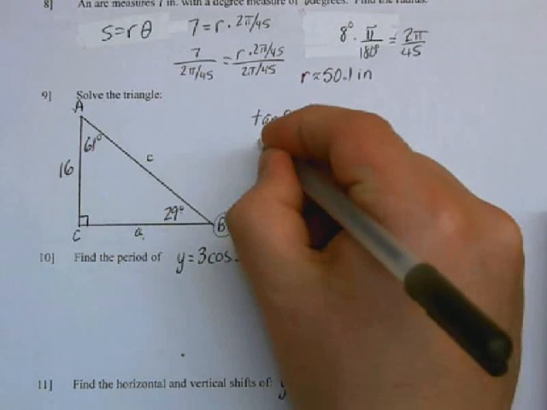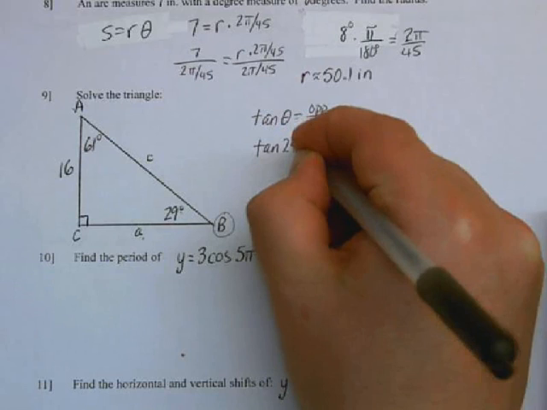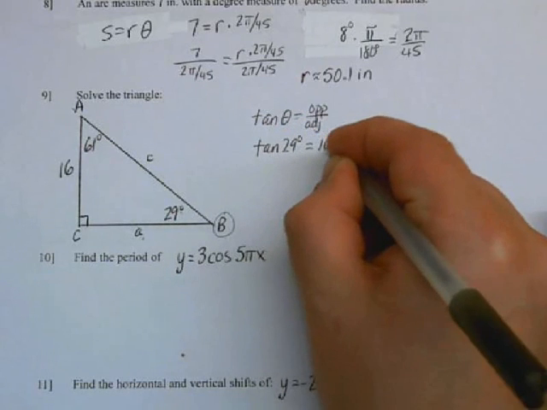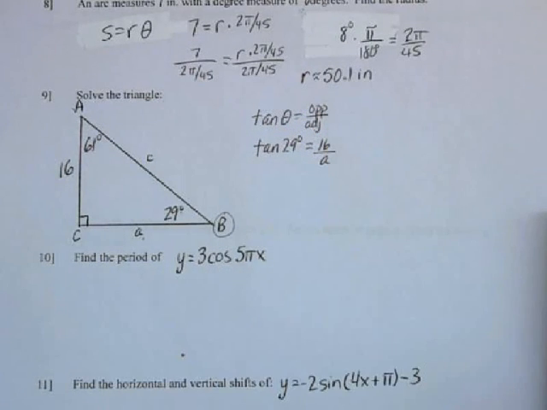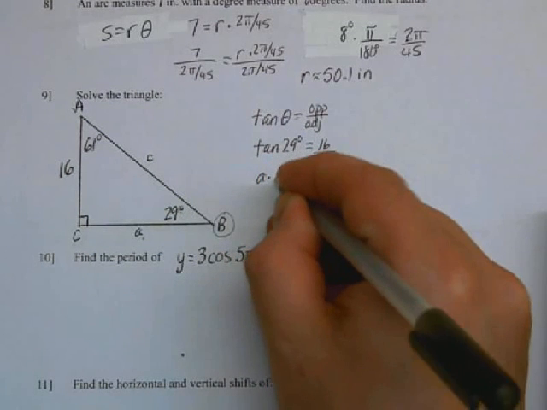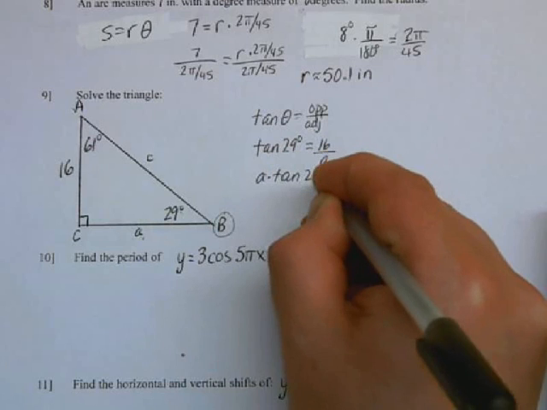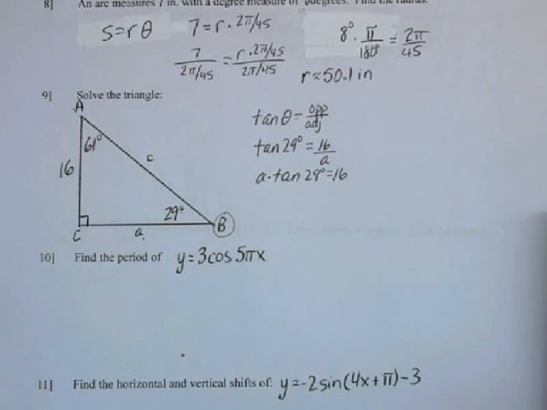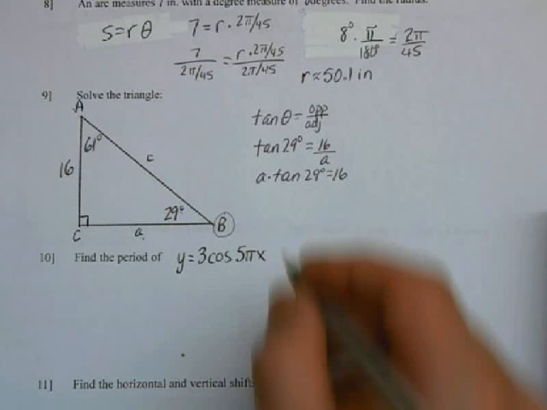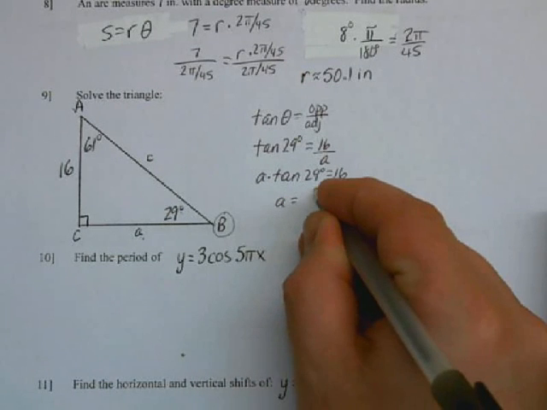So tangent of 29 degrees equals 16 over A. We can multiply both sides by A. A times the tangent of 29 degrees equals 16. Then we'll divide both sides by the tangent of 29 degrees.